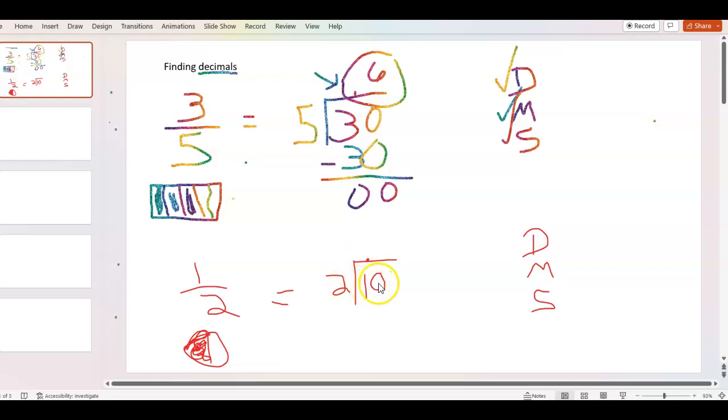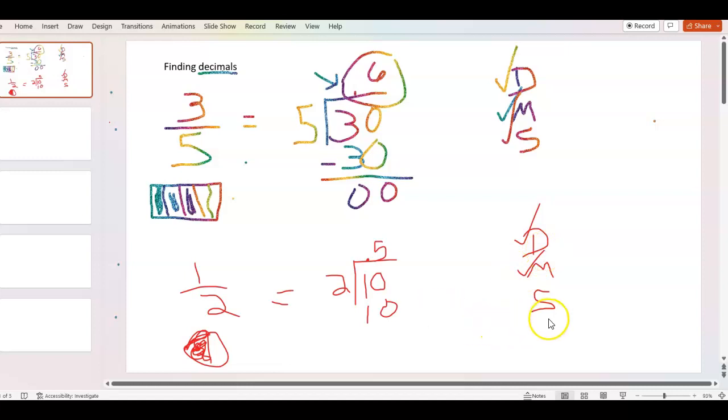2 goes into 10 5 times. So 10 divided by 2 is 5. I divided. Check. Next step, multiply. 2 times 5 is 10. All right, so I multiplied.